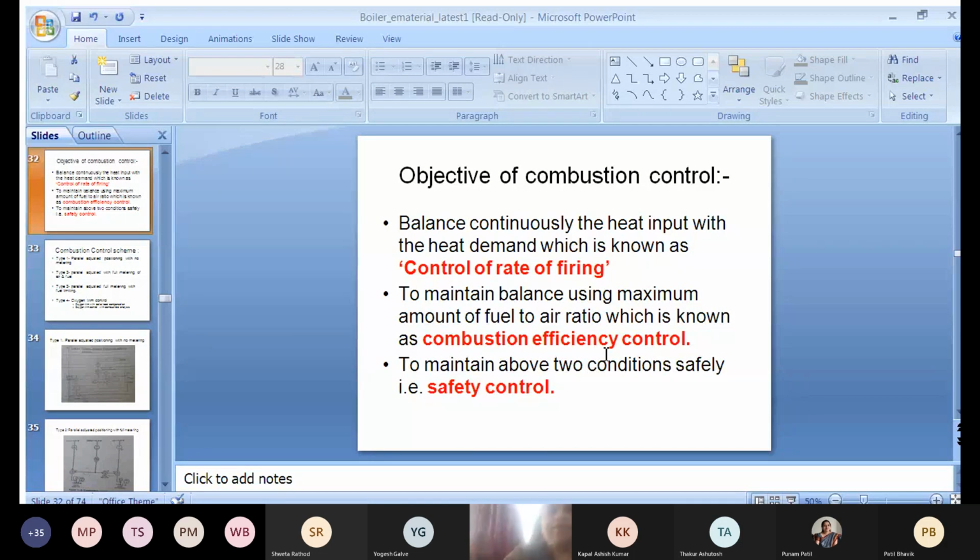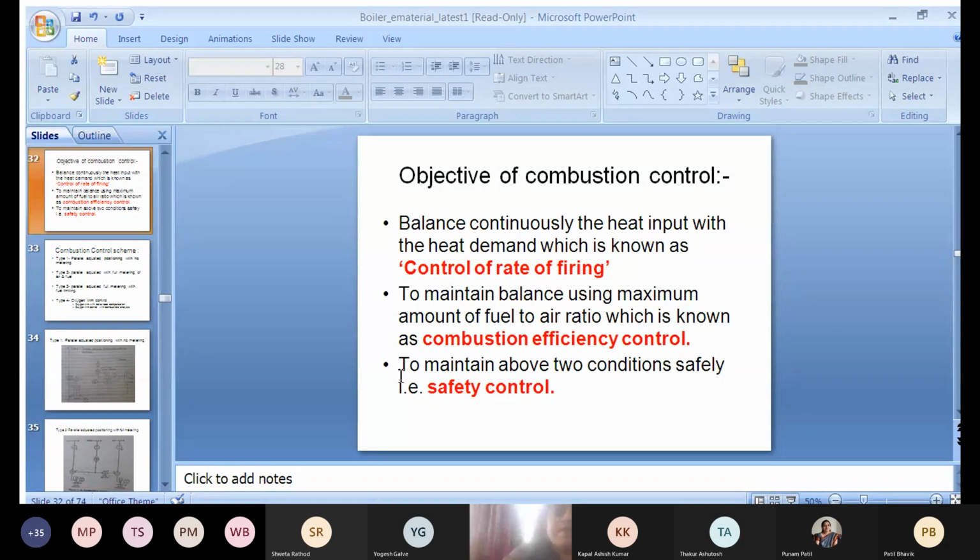So we are going to design control schemes which tend towards complete combustion. What does complete combustion mean? Complete utilization of fuel and air. So we are going to do it by using some control scheme.